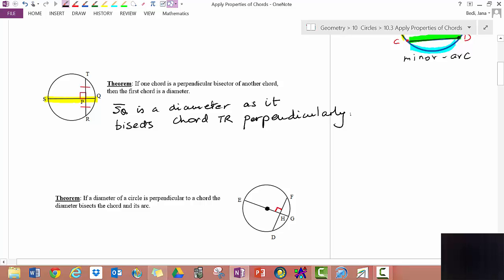And we can write this in an if-then form also, but as long as you get the gist of it. And let's also indicate that this is a diameter as it passes through the center C.